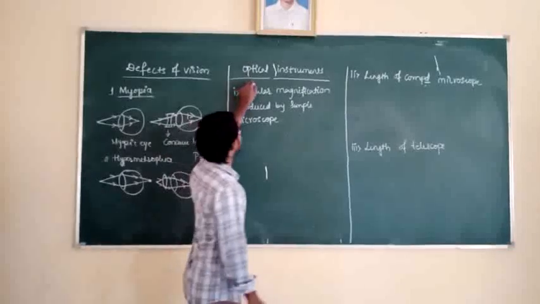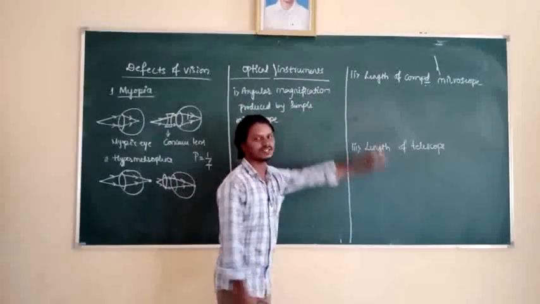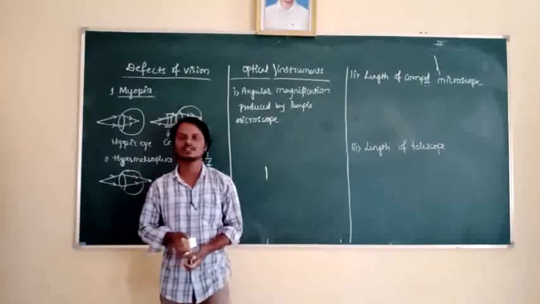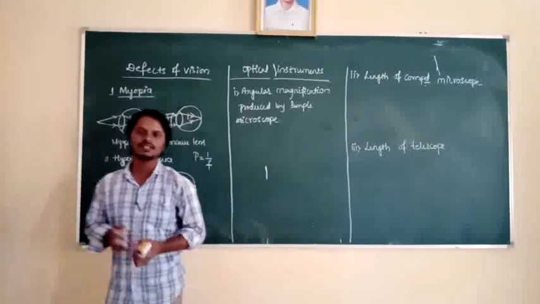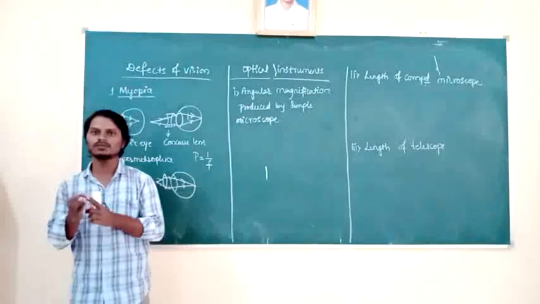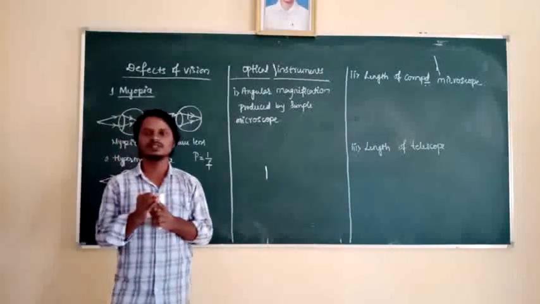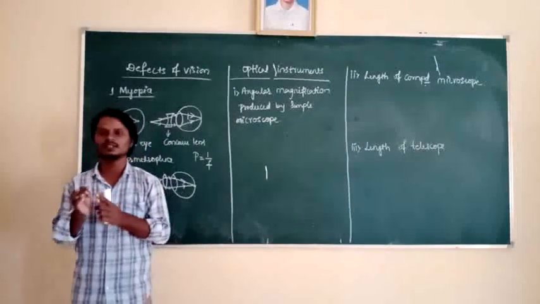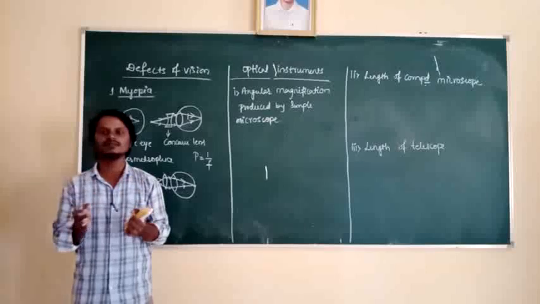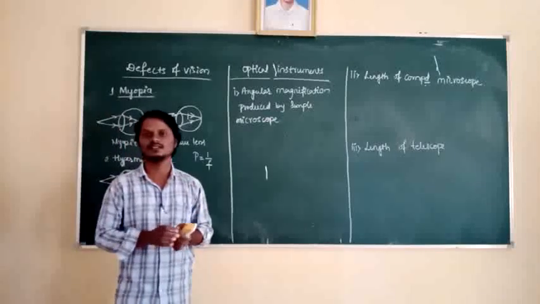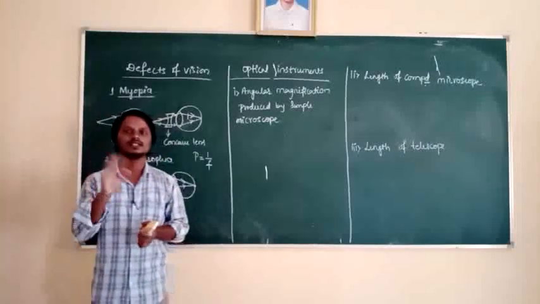So now next we are going to study about optical instruments. So already we know the simple microscope, compound microscope and telescope. So what is the use of microscope here? Microscope is used to see the magnified images of small objects. And what is the use of telescope here?